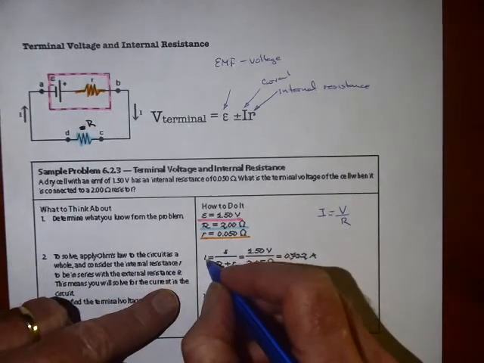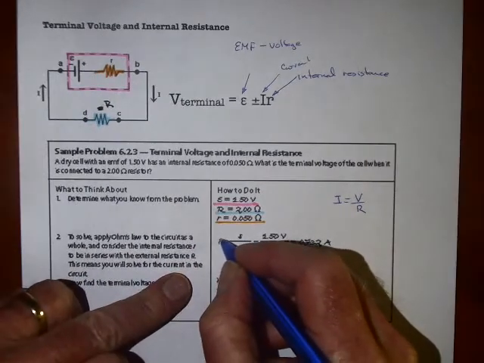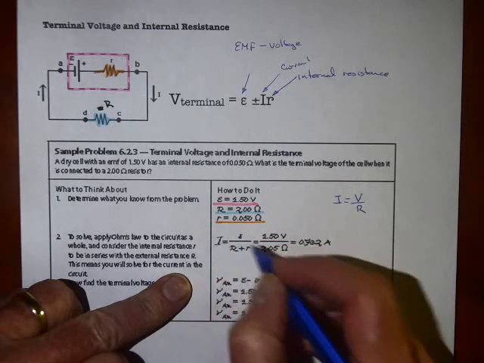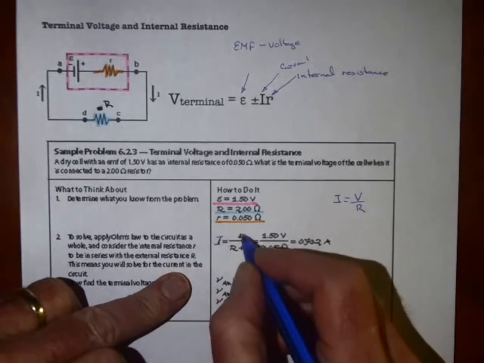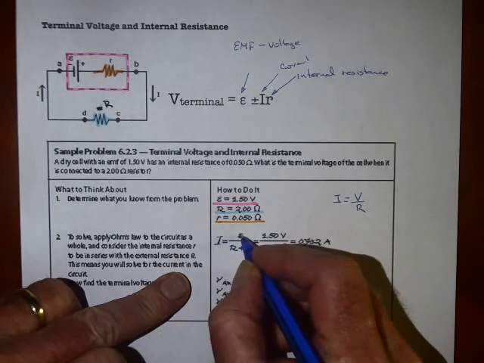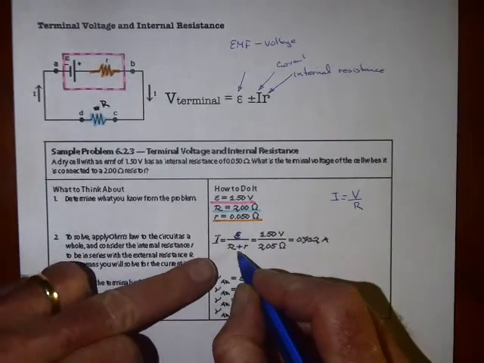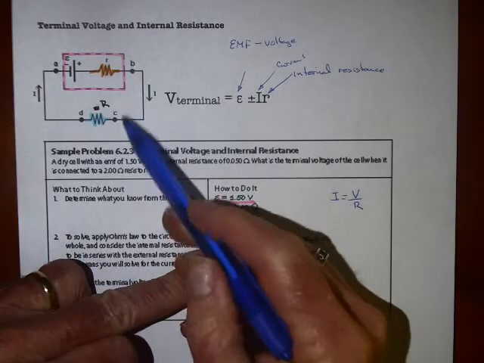Current is equal to the overall voltage, which is the electromotive force, divided by the sum of these two resistances.